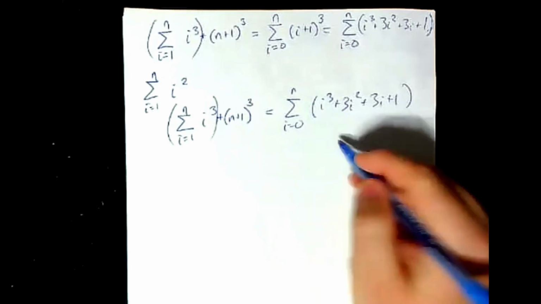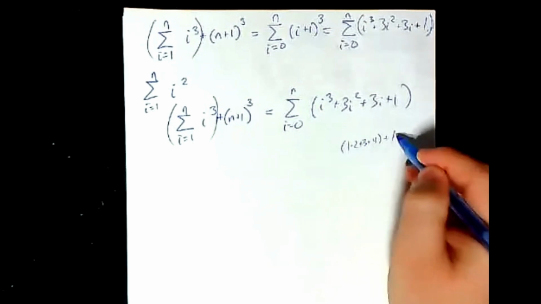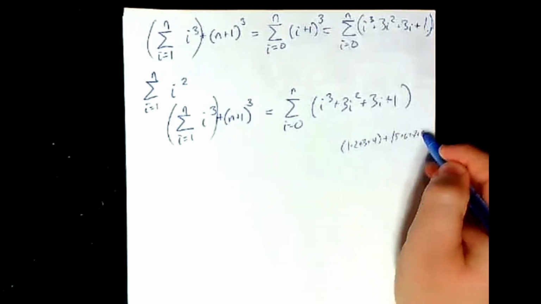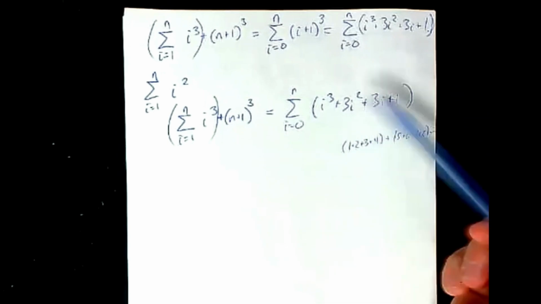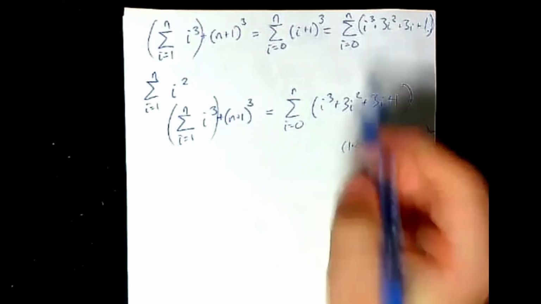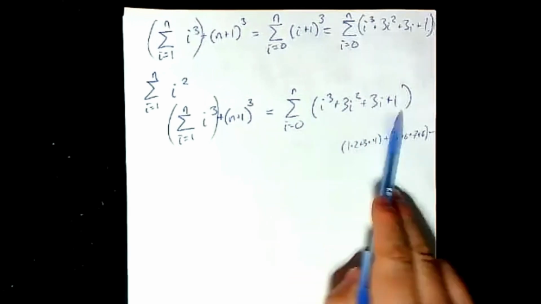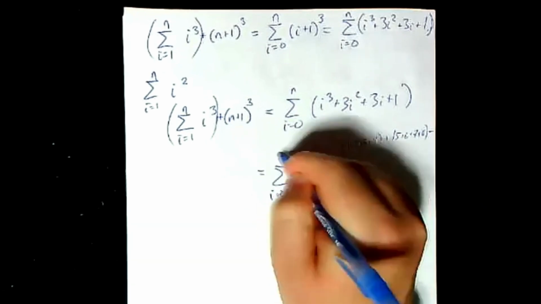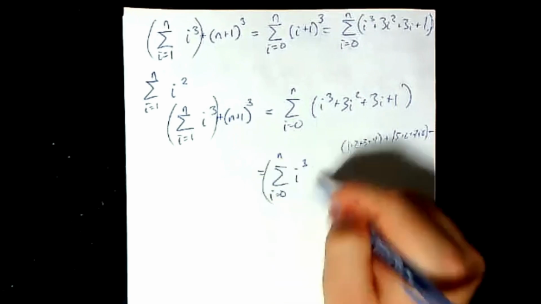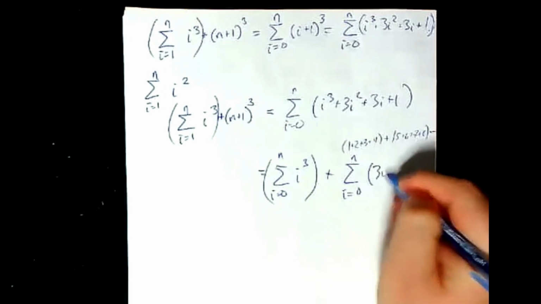And if I have 4 things added together, 1 plus 2 plus 3 plus 4, and then another 4 things added together, 5 plus 6 plus 7 plus 8, and it keeps going, I can reorder the addition any way I want, because addition is commutative and associative. And so I can separate this out to be all the first terms added together, all the i cubes added together, plus everything else added together. So I can split this off to be the sum of i cubed plus the sum of everything else.